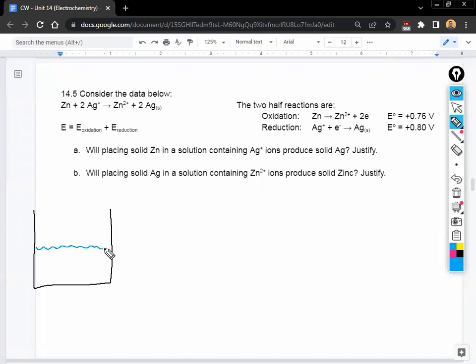If you look at the reactant side, which metal was in the solution? Silver, yeah. So basically the same scenario we had earlier. We have silver in there, and then we're sticking in a piece of solid zinc. Exact same scenario that we had earlier.